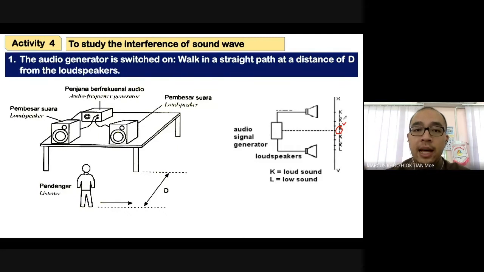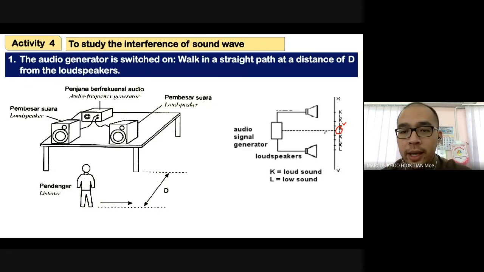So you're going to have loud, soft, loud, soft, alternating with one another. Just like light and water, the space between the loud and the soft is all the same distance, so you get a very uniform pattern.